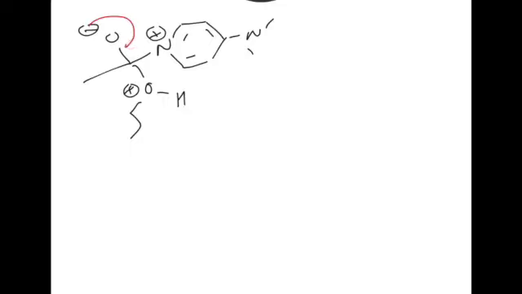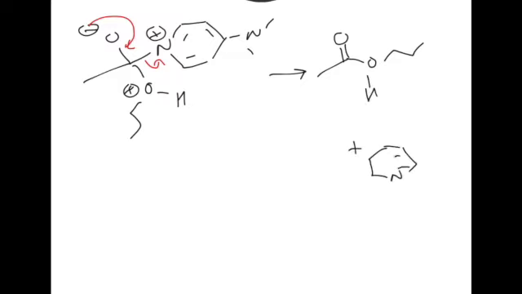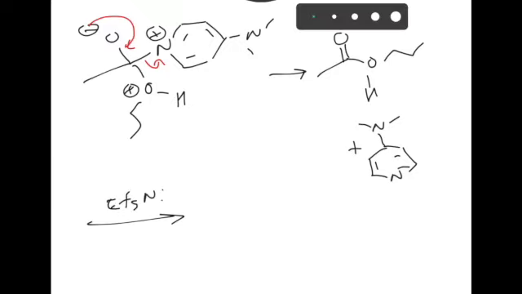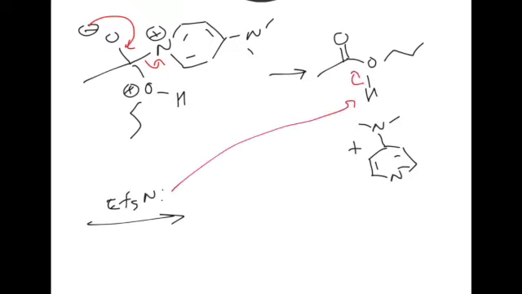Electrons come down, push out nitrogen. This gives you this guy plus DMAP. And then you could have another triethylamine or other base come grab that extra proton and give you your ester. So this is a good way to make esters.